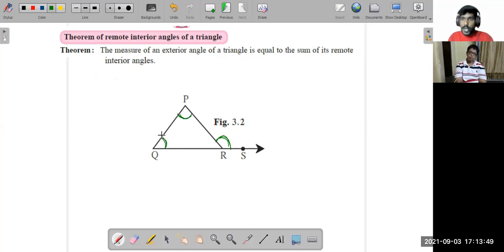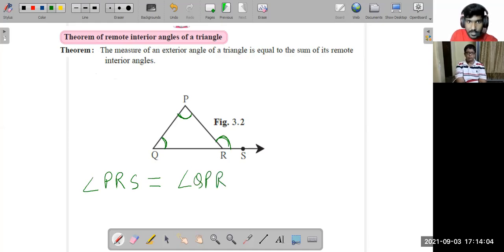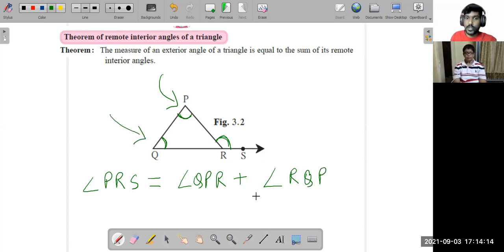Sum means you add, addition. So angle PRS, the exterior angle, is equal to angle QPR plus angle RQP. Is this clear?